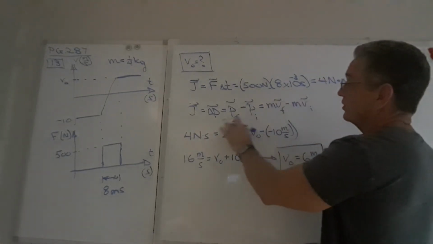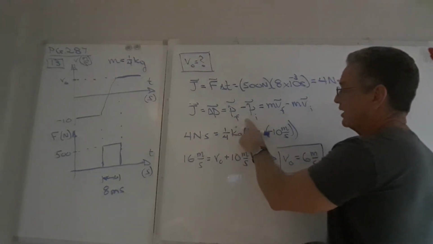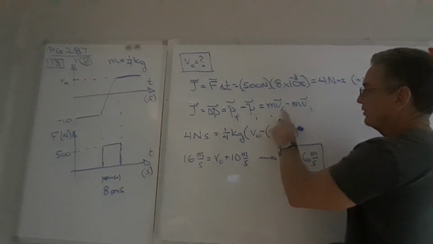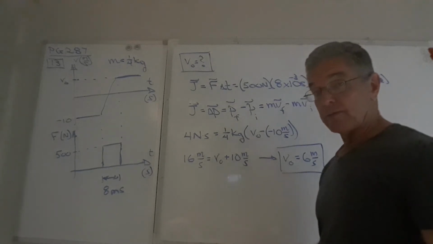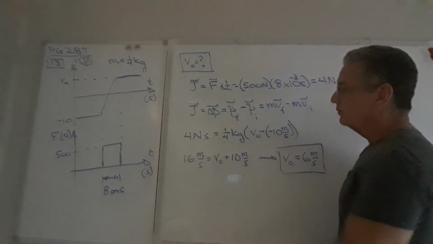It's 4 newton seconds. But we can express that change in momentum as the final minus the initial momentum. So that's going to be the mass of the ball times its final velocity minus the mass of the ball times its initial velocity. We know everything there except for the final velocity, so we're down to the point where we can plug in numbers now.